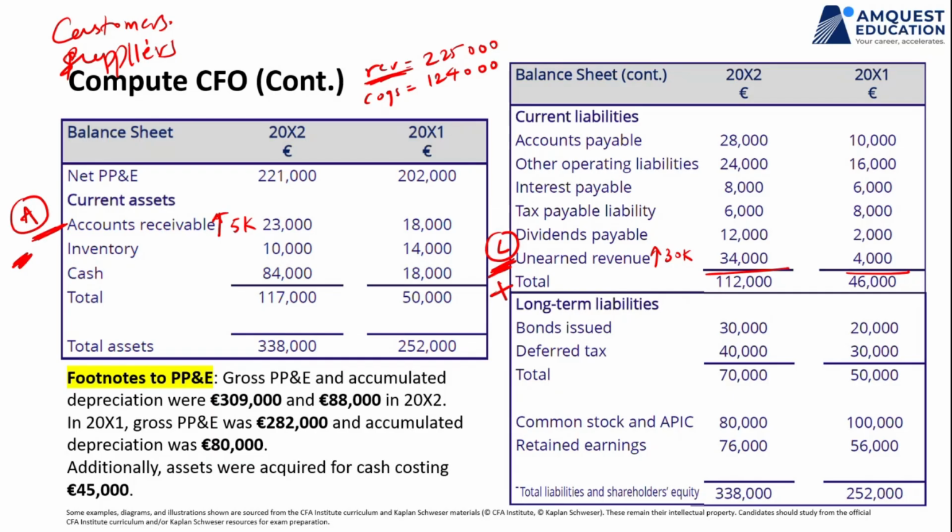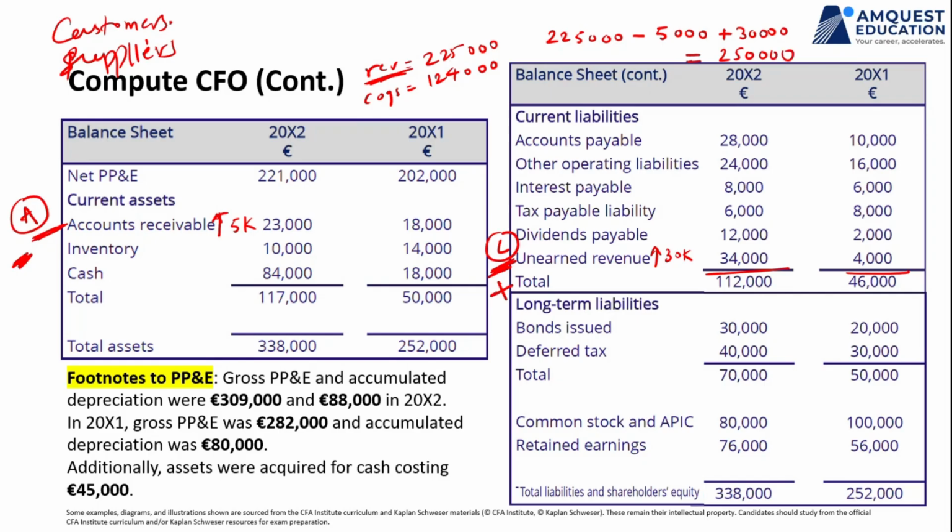So your cash collected from customers will be revenue 225,000 minus receivables change plus unearned revenue change. And this will be 225 minus 5 is 220, plus 30, 250,000.